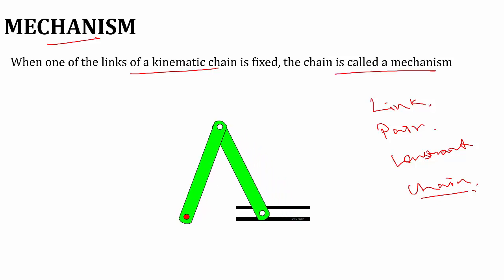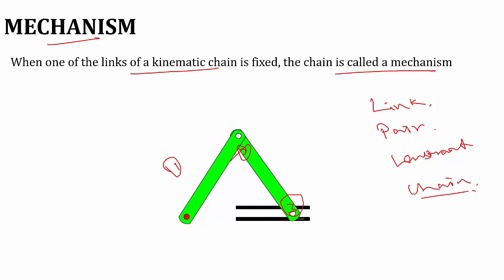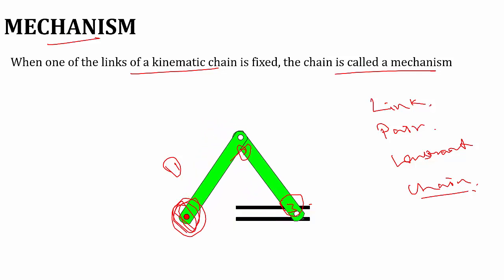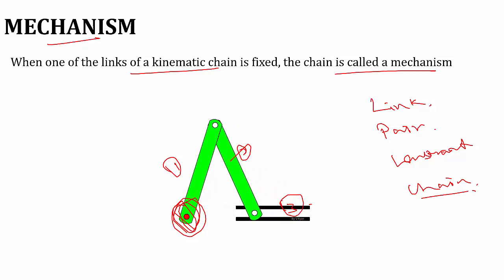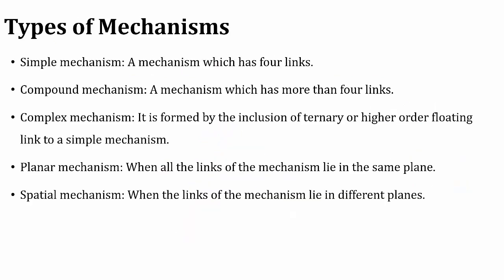So here you can see that this is link number 1, 2 and 3. So here this joint is fixed. So your kinematic chain is converted into a mechanism. So this mechanism is called a slider crank mechanism. So when any one link of the chain is fixed, then it is called a mechanism.